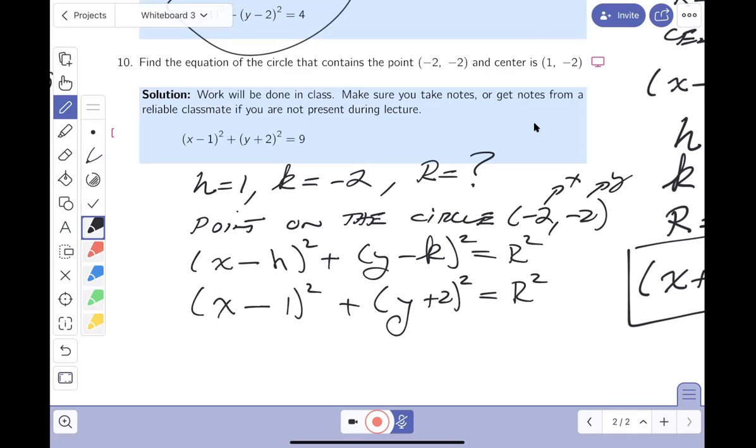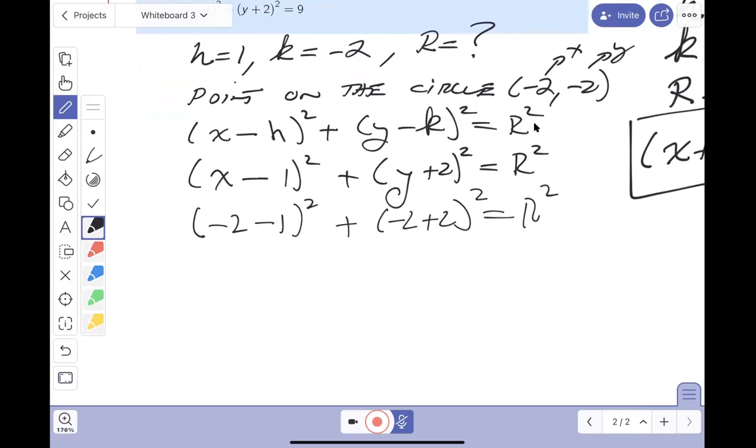What I do know, I know what x and y are, and they're -2, both of them. So I'll plug it in. What do you get? -2 minus 1 squared plus, we'll do that later, -2 plus 2 squared is equal to r squared. Now someone says, why are you doing that? I want to find out what r squared is. This would be 9. This is going to be 0, and that'll equal r squared. What's r squared? It's 9.